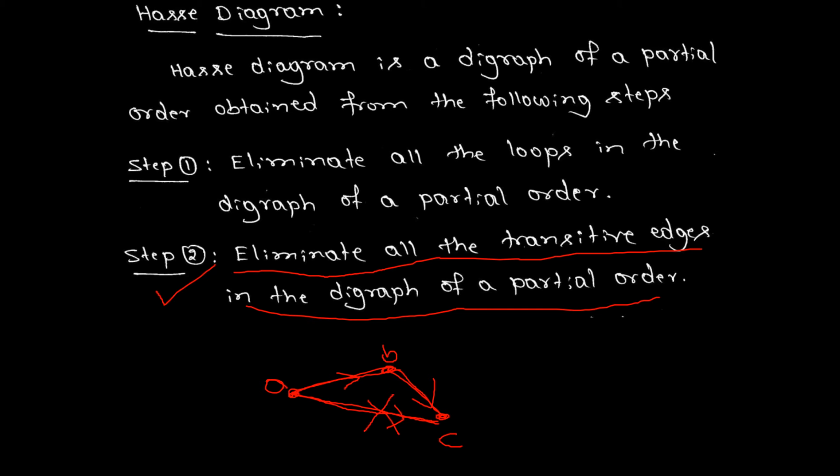We need to remove all transitive edges from the digraph. This is the second step.